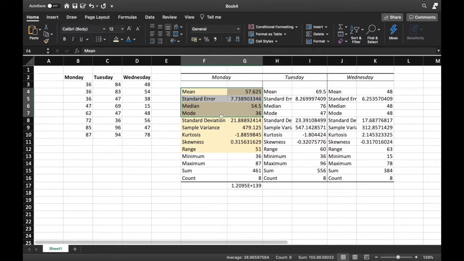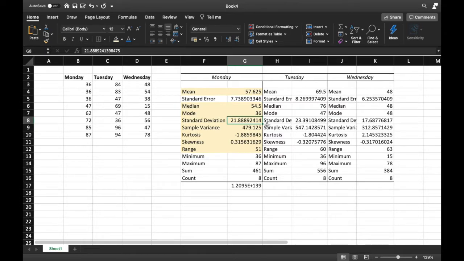Now we go to the measures of variability. We have here the standard deviation and we have sample variance. So we can go to standard deviation. Standard deviation will tell you about how far the data values are from each other. So we have here 21.88892414, basically 21.89. So how far data values are would depend on the data values that we have.